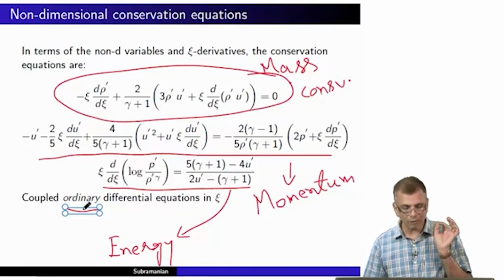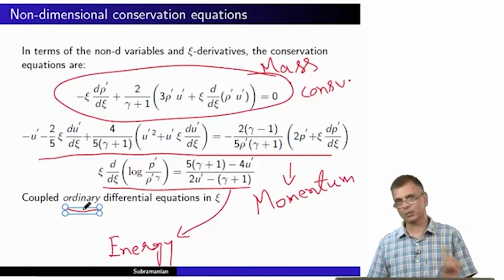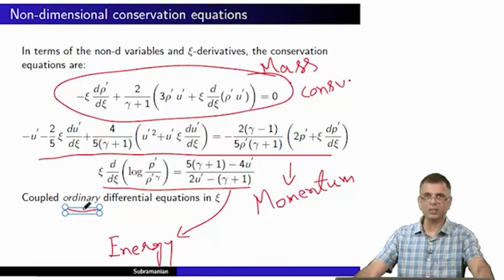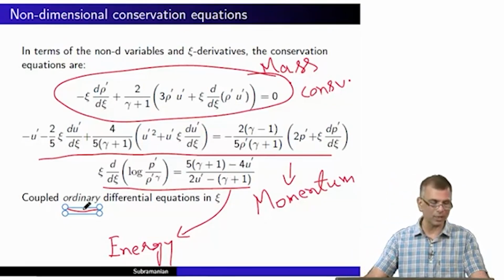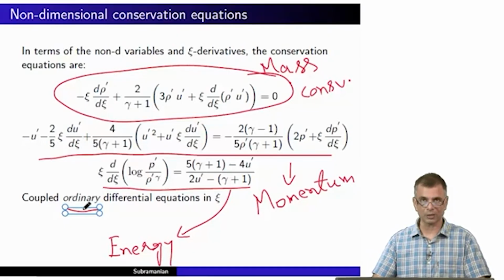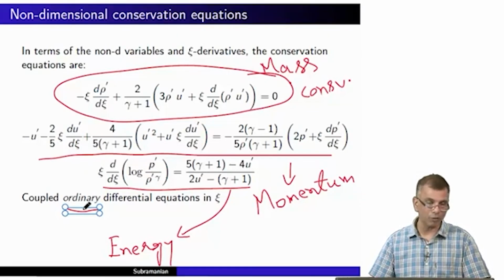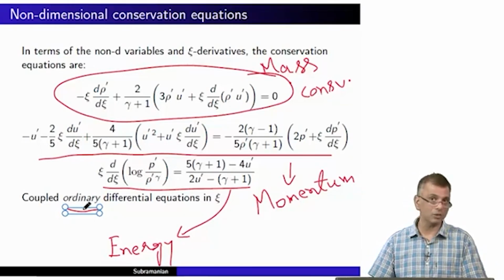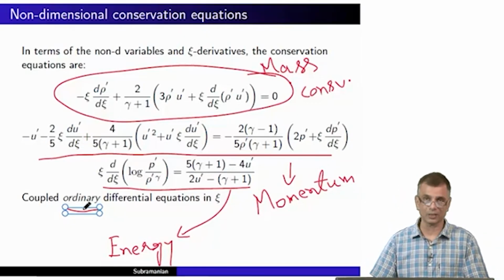Okay, so you have coupled ordinary differential equations, and what's the big advantage? With ODEs, the number of boundary conditions goes down. As we all know, it's much easier to solve an ordinary differential equation than partial differential equations. By extension, it's much easier to solve a set of coupled ODEs than it is to solve a set of coupled PDEs.